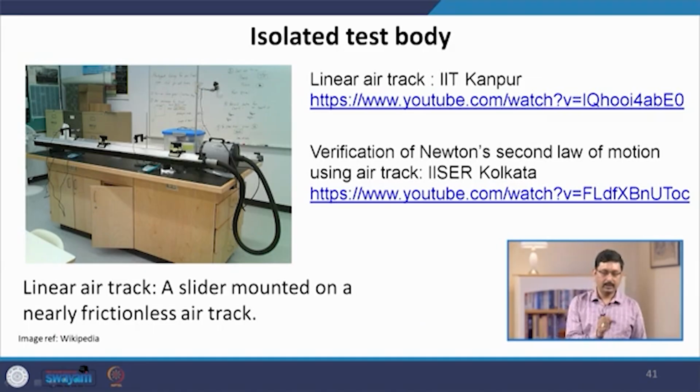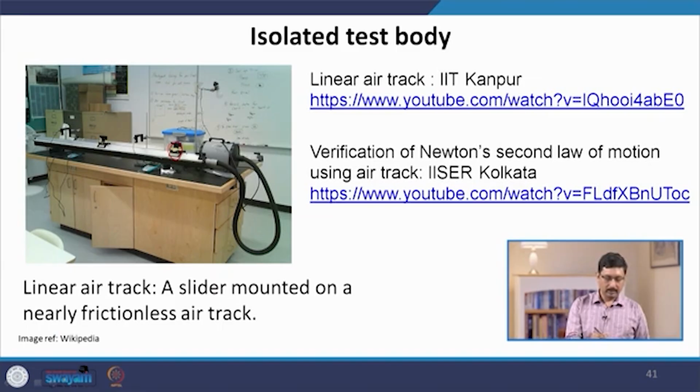Here is a picture of such a system. Note that there is a horizontal track, which is the silver white path. This is a track on which there are pinpoints, and through these pin nozzles there are jets of air coming through, and this is the slider.